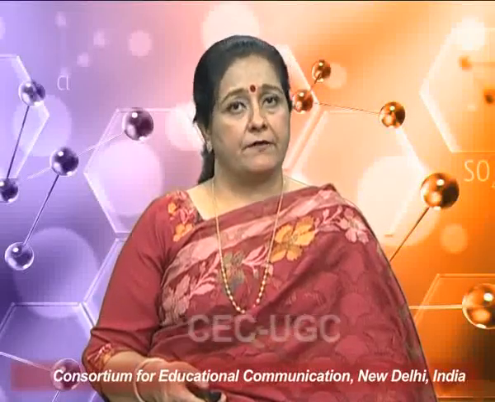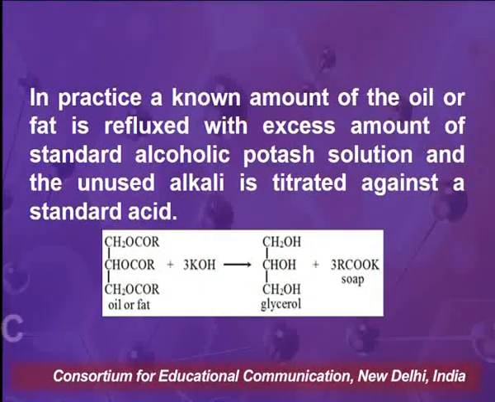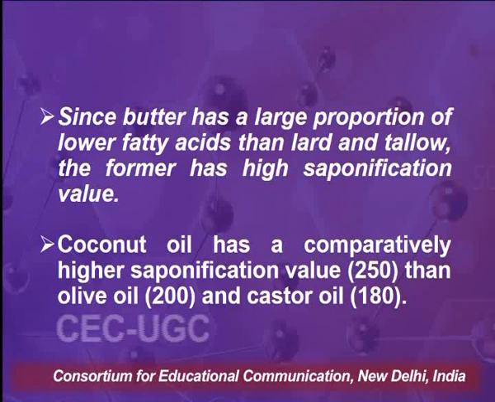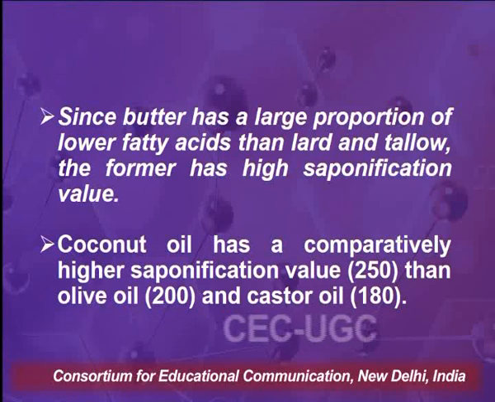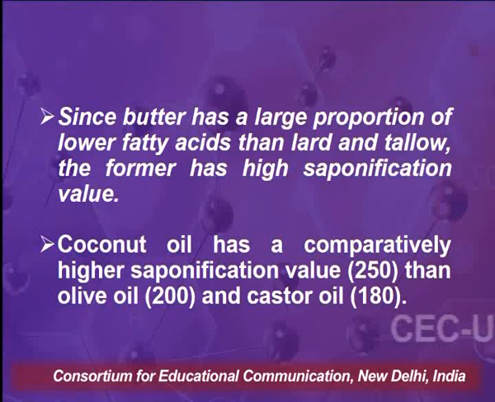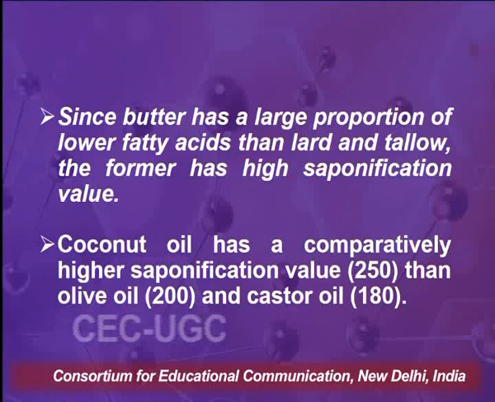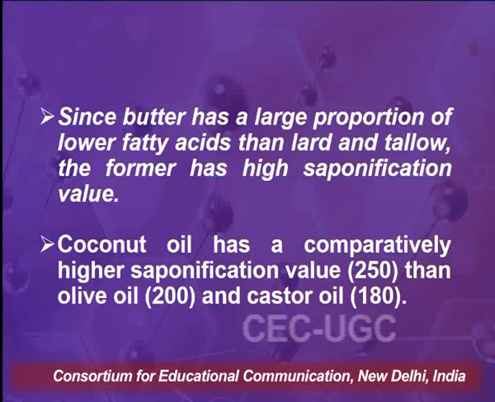In practice, a known amount of oil or fat is refluxed with excess standard alcoholic potash solution, and the unused alkali is titrated against a standard acid, and in this way soap is produced and glycerol is the byproduct. Since butter has a larger proportion of lower fatty acids than lard and tallow, the former has a high saponification value. Coconut oil has a comparatively higher saponification value as compared to olive oil and castor oil.